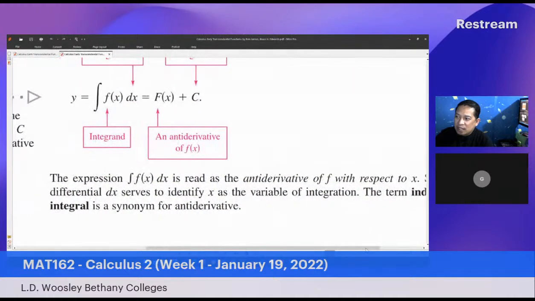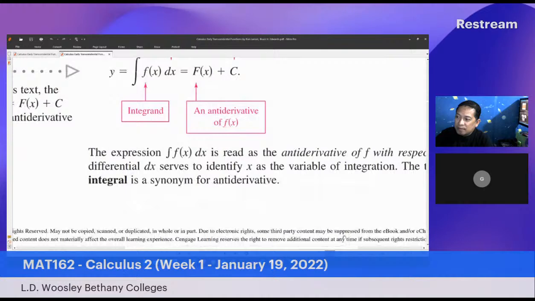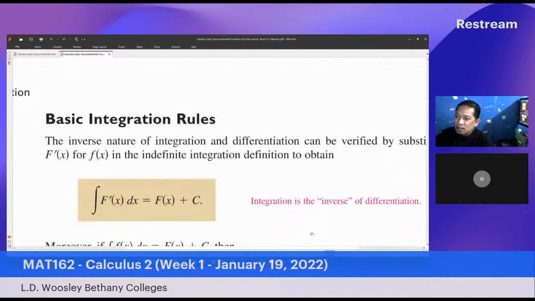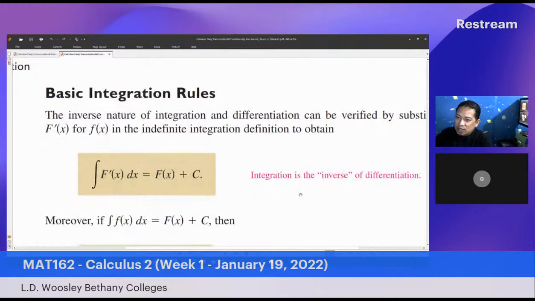Indefinite integral is synonym to antiderivative because hindi natin sinet yung boundary in the upper and lower limit. Okay? So these are basic integration rules. Of course, yung f prime of x dito, this is your f of x, small letters. Definitely this will cancel, but there must be a constant of integration. Integration is the inverse of differentiation.